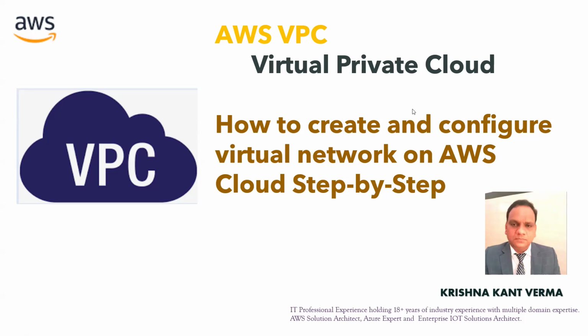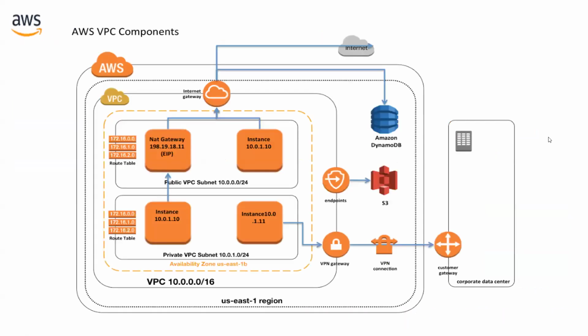So let us move ahead. Typically, we can see this kind of network or VPC architecture diagram on AWS. In the AWS cloud itself, we have the VPC, the virtual private cloud.